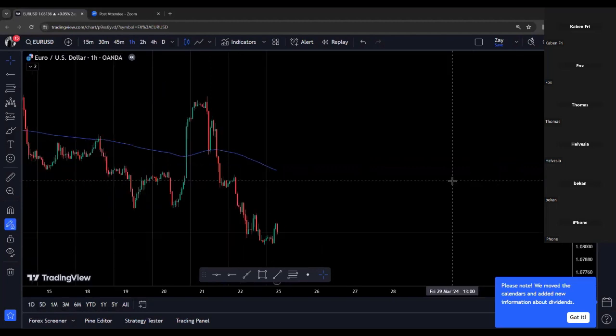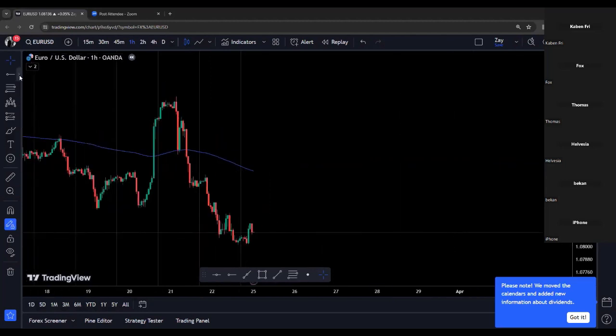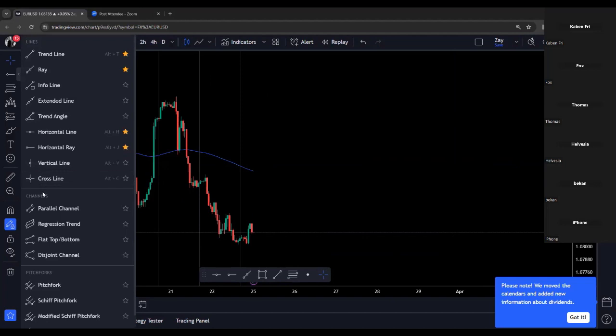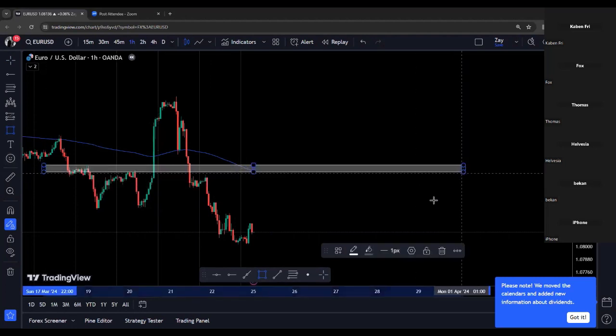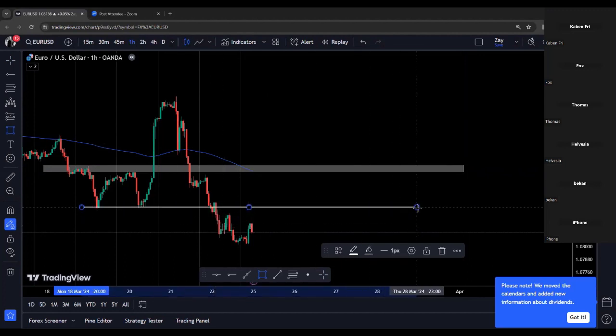All right, let me mark up some stuff real quick, like we're about to get in a trade. I'll mark up this zone, and then this zone right here.